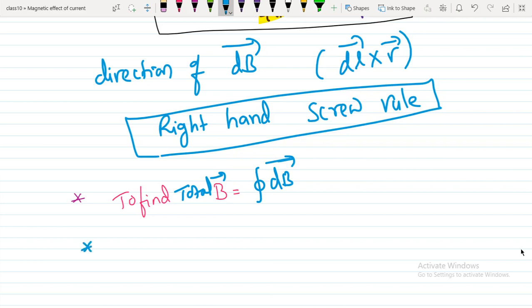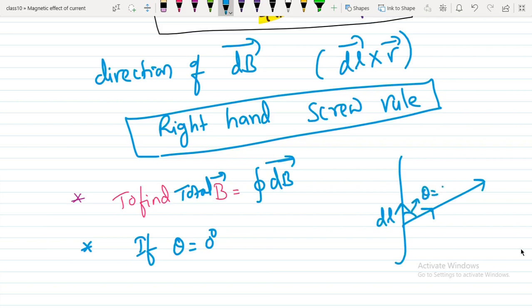And since magnetic field is a vector, suppose theta equals 0 degrees. It means the angle between the elemental length dl and the position vector becomes 0. If theta becomes 0, sin 0 gives a result of 0.